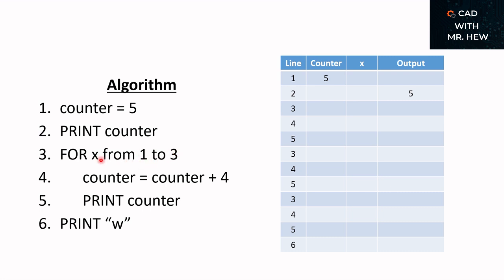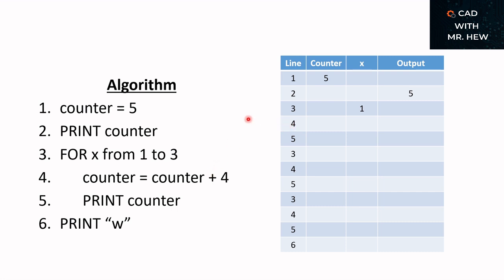So the first value of X would be, can you guess? 1. Good job if you got 1, right? So line 3 is this line right here. Then we're still in the loop. Everything right here is in the loop, right? So lines 3 to 5 would be the loop, all right? So we are now on line 4. The algorithm line 4 is right here.